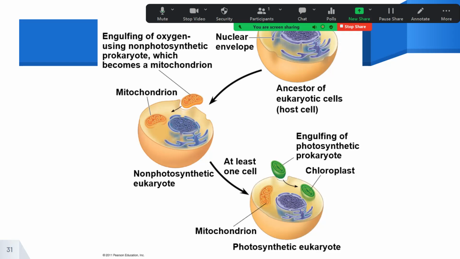First, the infolding of the cell membrane, forming the nuclear envelope and those other membrane-bound organelles, then engulfing prokaryotic cells that could do cellular respiration and working together, producing energy for that new cell, and then other cells engulfing photosynthetic prokaryotic cells that then became the chloroplasts.